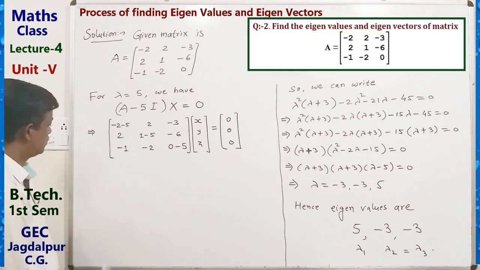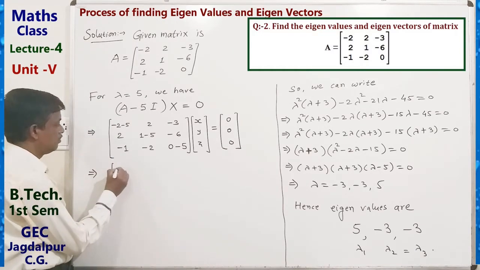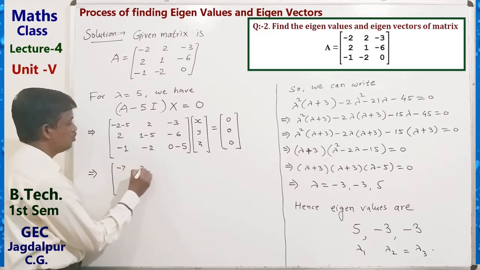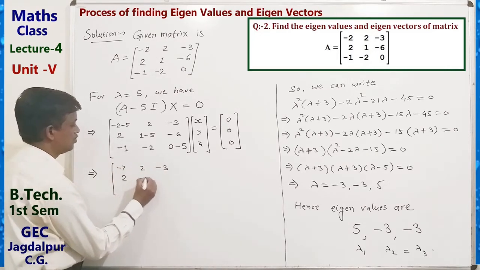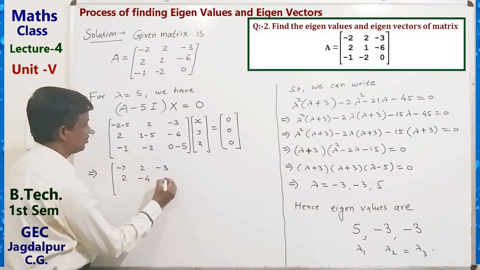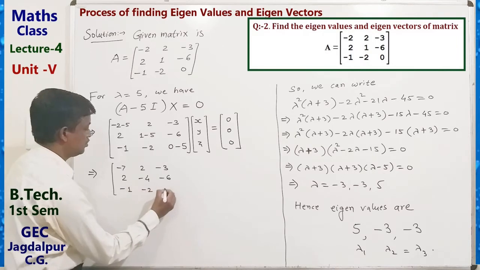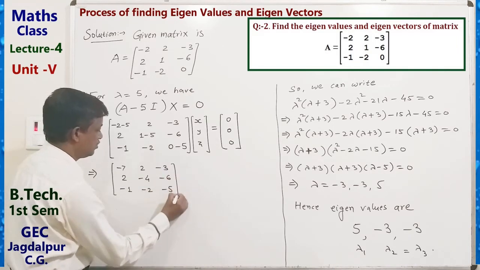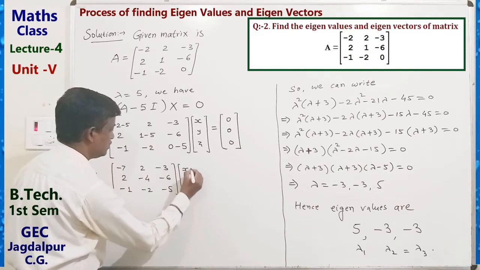Now write minus 7, 2, minus 3, 2, minus 4, minus 6, minus 1, minus 2, minus 5, times x, y, z.